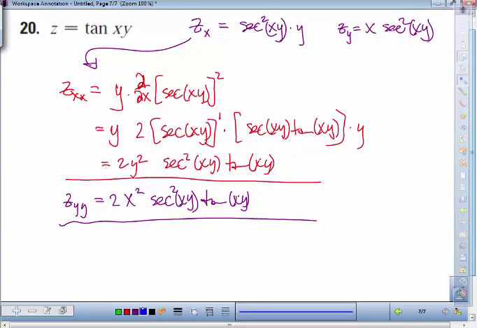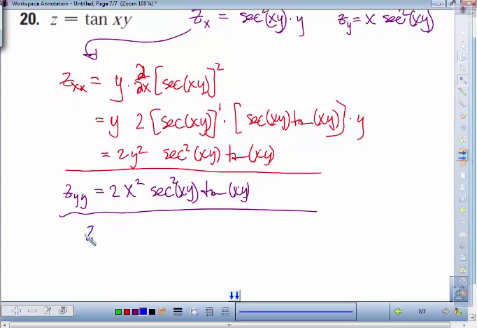All right, now let's take a look at this one. Zxy. So we want to take the derivative of zx with respect to y. Another notation. So what do you notice about zx with respect to y?